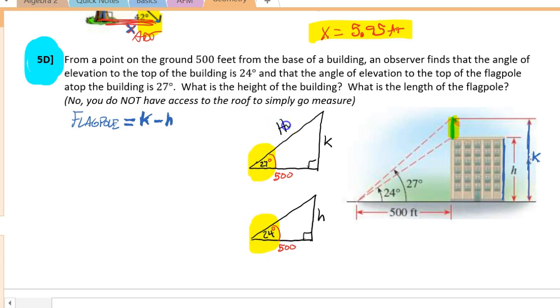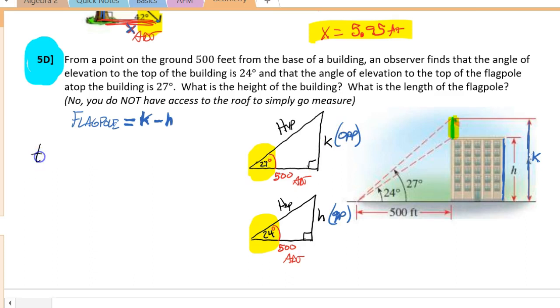We have our hypotenuse, we have the adjacent side of 500 in both, and we have the opposite side for K and the opposite side for H. In order to figure out the distance K, we're given the opposite and the adjacent. This is the tangent ratio.